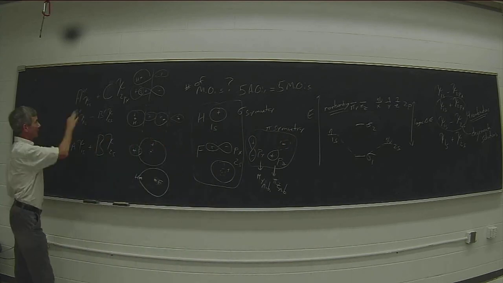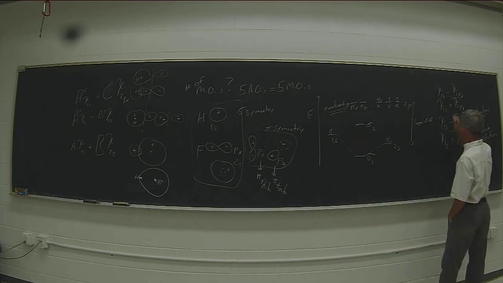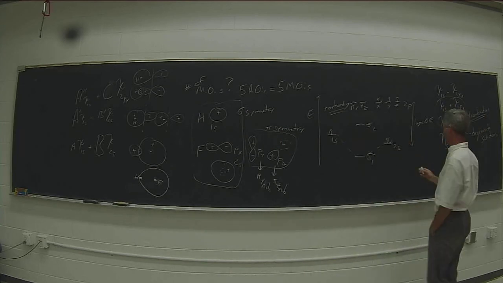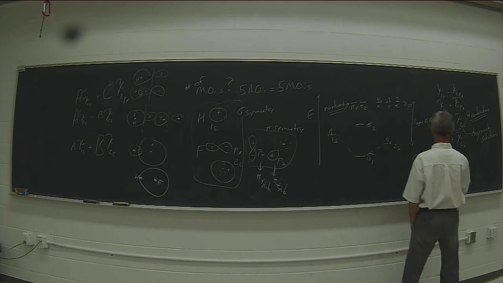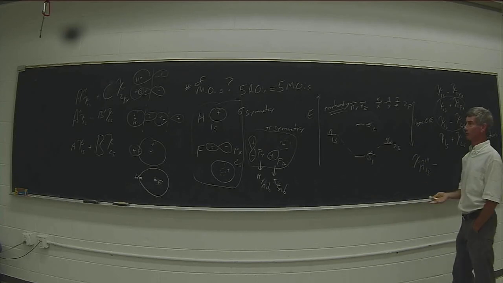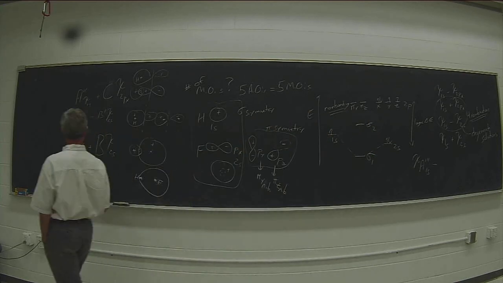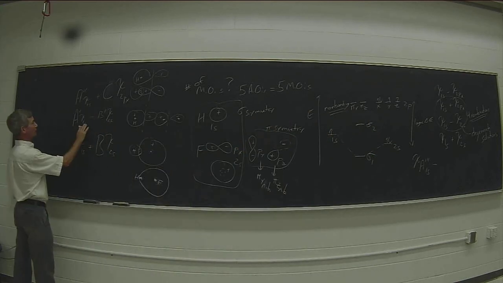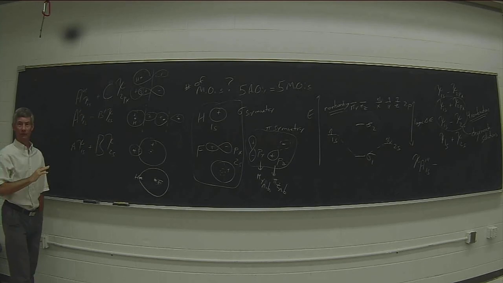And then the last possible combination would be the 1s orbital, which there's not that much left in it anymore, destructively overlapping with a fairly large coefficient on the 2px orbital, because we really haven't used very much. In reality, we're actually combining the 1s, the 2s, and the 2px orbital all together to make this sigma 2.